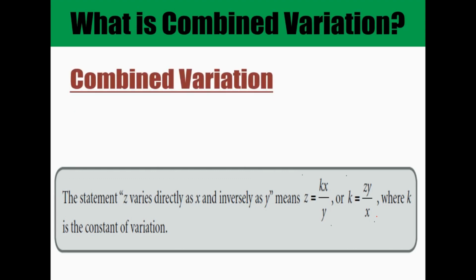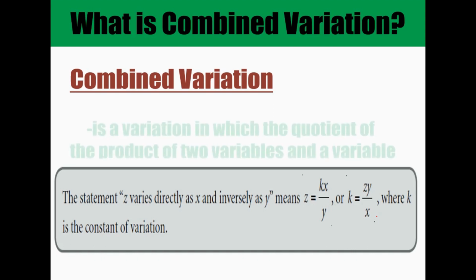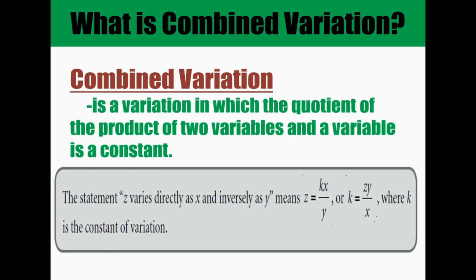So what is combined variation? So the statement z varies directly as x and inversely as y means z equals kx over y, or k equals zy over x, where k is the constant of variation. So it is a variation in which the quotient of the product of two variables and a variable is a constant.